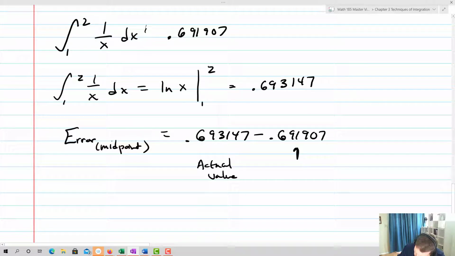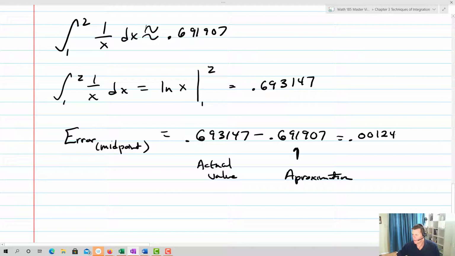By the way, this is an approximation, hence I should make my curly cues. That's my approximation. When I do that subtraction, what I end up getting is 0.00124. So what we can see is that this midpoint rule actually gives us a pretty good approximation. Turns out that from the standpoint of math-wise, it's not the greatest, but it's good enough for right now, and it certainly will allow us to demonstrate what it is that we're trying to demonstrate.